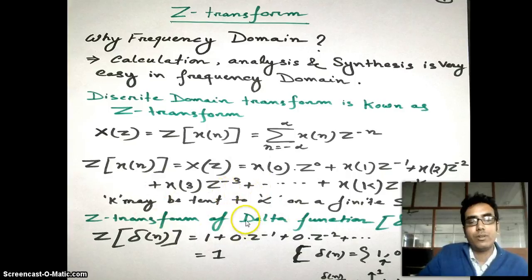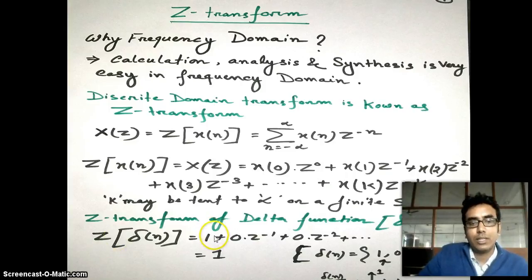Now we will find the Z transform of some basic signals, like delta n. If you draw the impulse, then you will find that at 0 the value is 1, and for other values of n the value is 0.